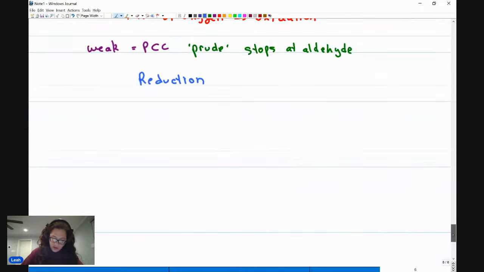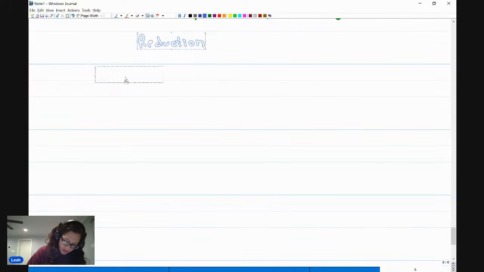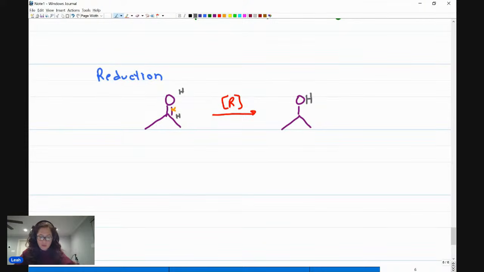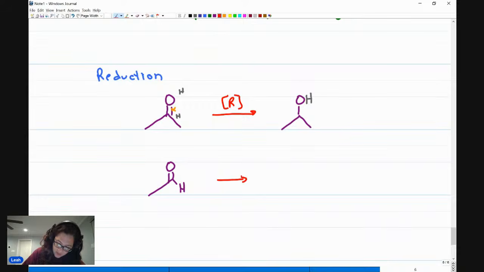With the reduction reactions, if I have a ketone, which is a carbonyl in the middle of the molecule, I can reduce this ketone. Here's the trick for it. You break the pi bond, you put a hydrogen here, and you put a hydrogen here, like that. So that will give you an O with an H. If I have an aldehyde, that is a very similar looking molecule, but it's got a terminal carbonyl, I subject this to reduction, same trick.